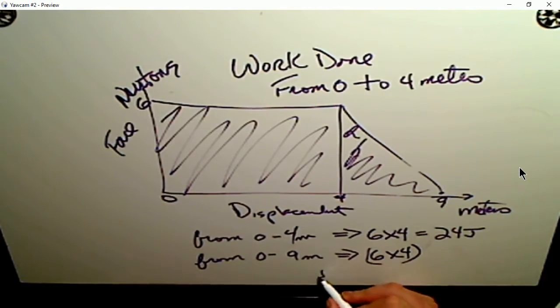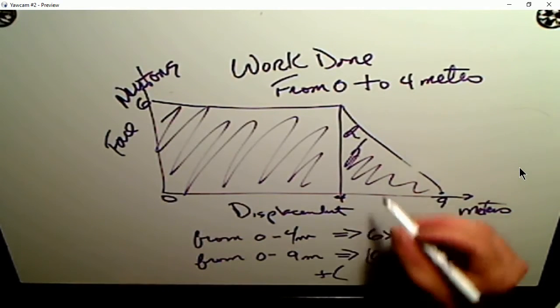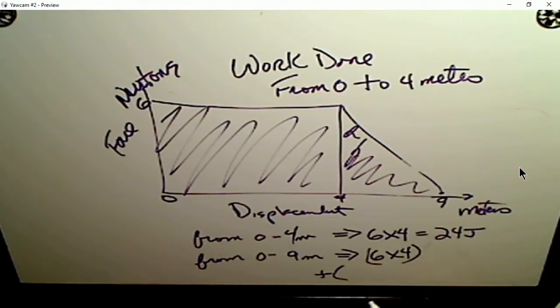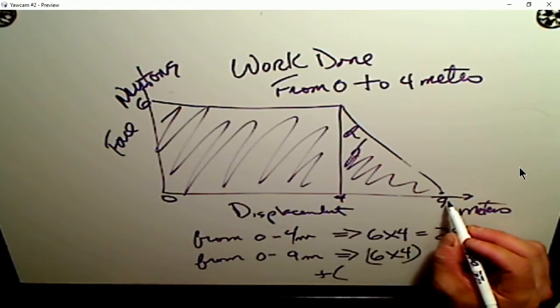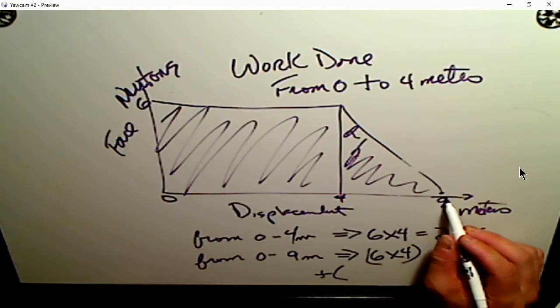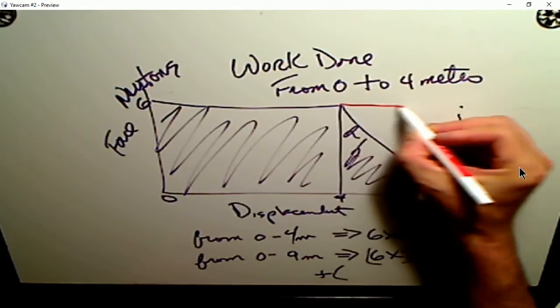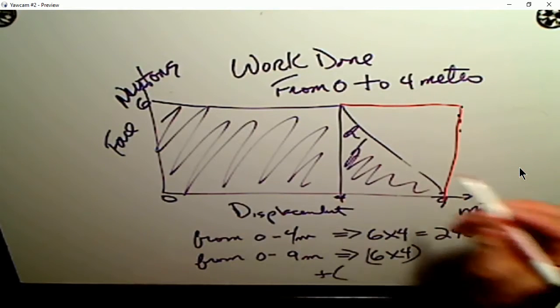But I also have from 4 to 9. Okay. And if we think of this, this is 5. Let's use another color here so you can see a little better. What is this block here if we were doing that full thing?